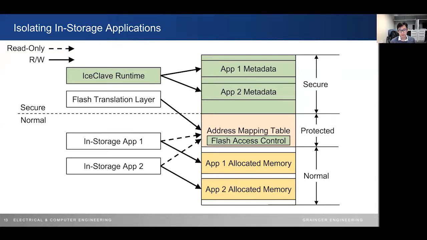Since the address mapping table is protected in the protected region, a malicious application cannot manipulate the table to nullify the access control. And in this way, IceClave enforces security isolation between different applications, both in DRAM and in flash memory, by leveraging existing hardware on the bare metal ARM processor with minimal overhead.